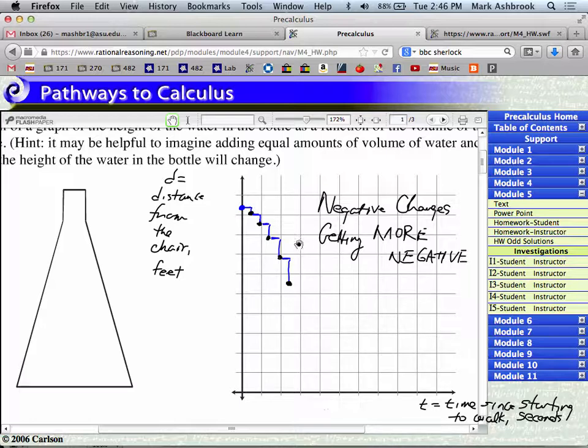What about the size of my changes, the size of the distance I cover? Those are increasing. But because the quantity is distance from the chair, the change in distance from the chair is getting more negative, bigger negatives. Therefore, the changes are decreasing, not increasing.